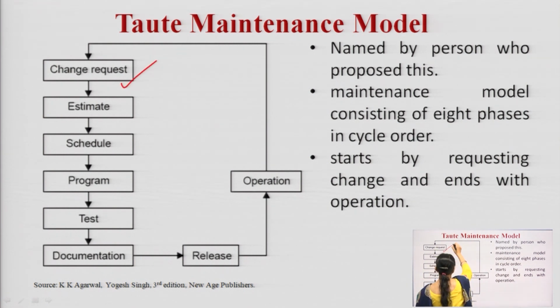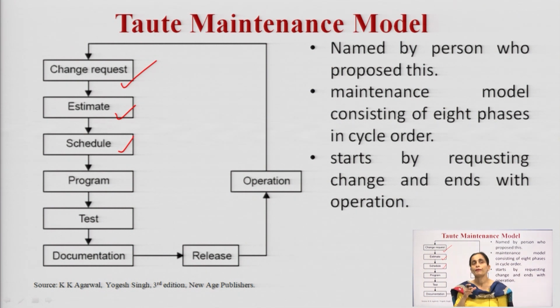So, we first make the change request, then once the change request has come, we will estimate it, we will schedule it. The ultimate aim is to make this change request operational. So, after scheduling, we will write the program for it. Once the coding part is done, we will do the testing and documenting as per these changes, and then it is released.